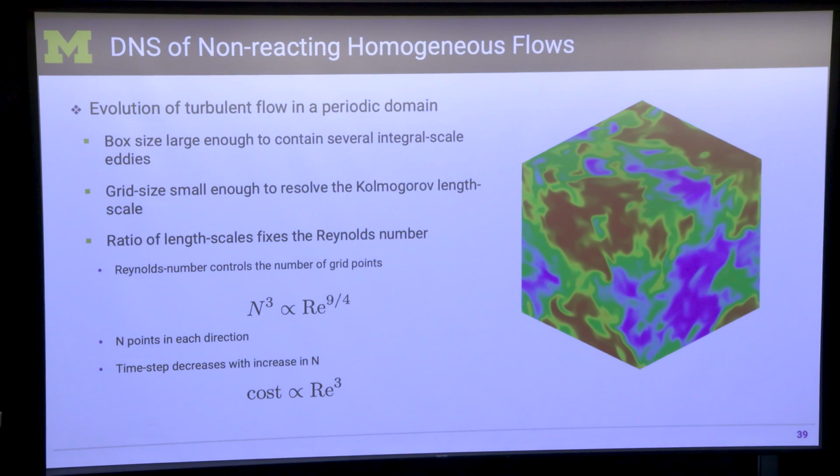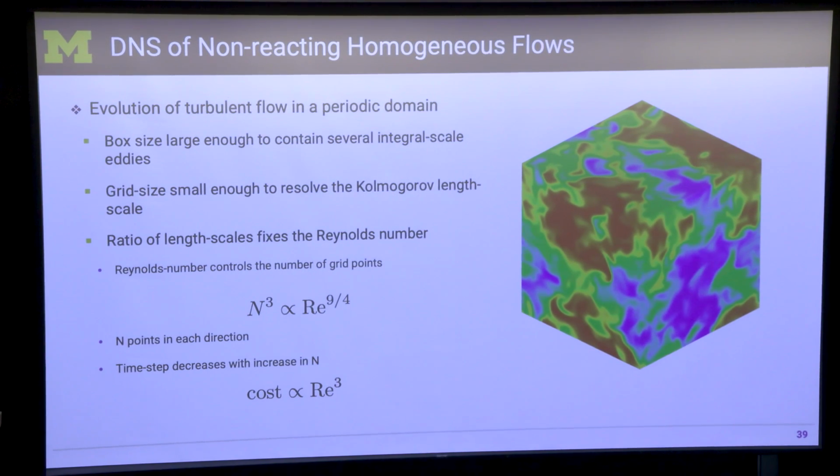The problem is we don't have that supercomputer if your problem is too complicated. So we saw this before. To solve this on a machine, you need some kind of grid-based CFD, which means that the grid should be spaced smaller than eta. So if you have a domain of some length L and your grid has to be smaller than eta, the number of grid points in each direction is L divided by eta.